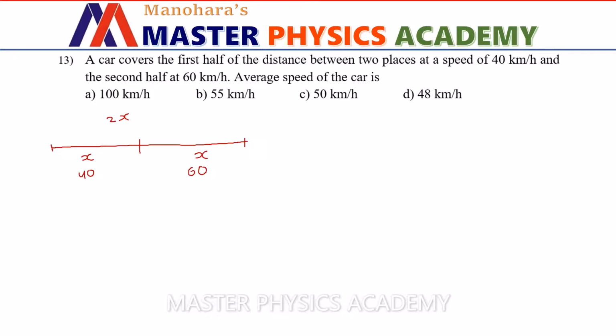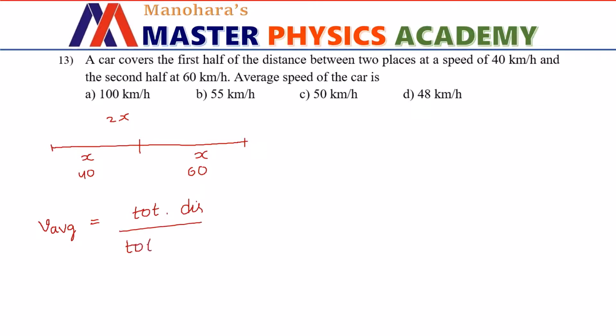We know that average speed of the car is given by total displacement covered by total time taken. So time taken by the car to cover the first part of the motion, say from A to B, is given by T1 is equal to displacement covered by speed, that is x by 40, and the time taken to cover the second half of the displacement is displacement by speed, that is x divided by 60.